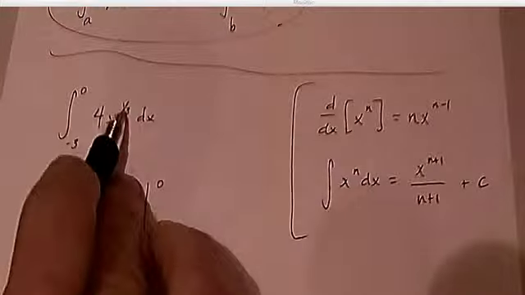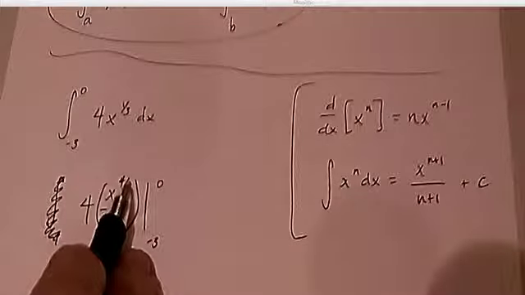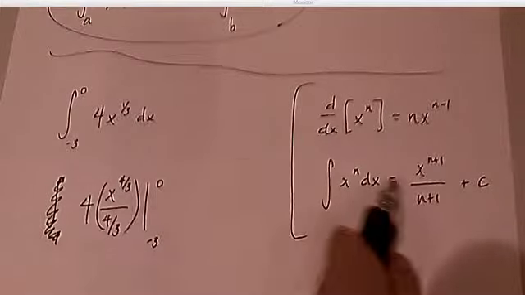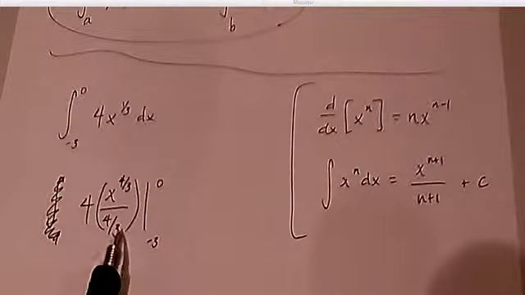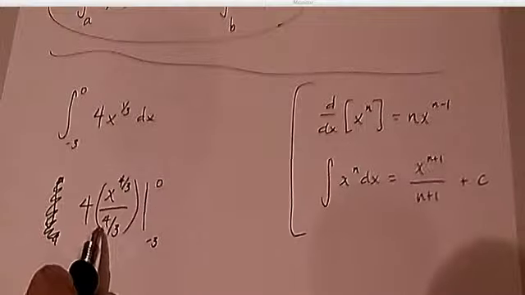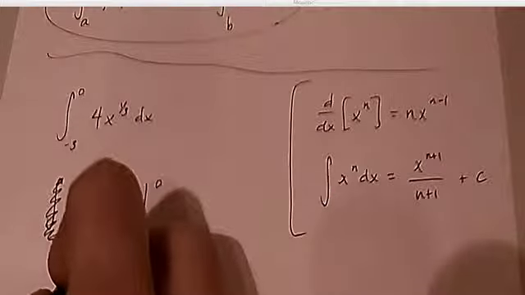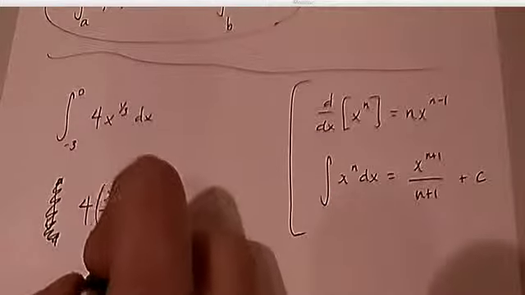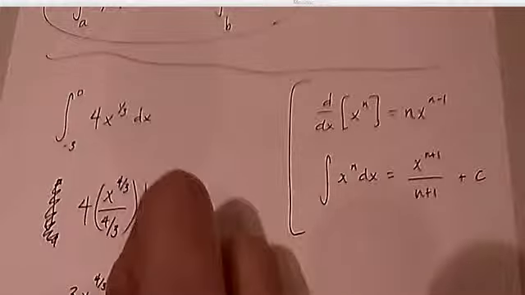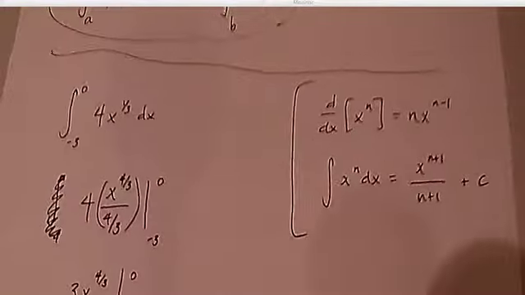So if n was 1/3, n plus 1 is 4/3, right? So this winds up being your x to the n plus 1 over n plus 1. Well, when you divide by 4/3, you're multiplying by 3/4. So that's really 3x to the 4/3, from -3 to 0, okay?